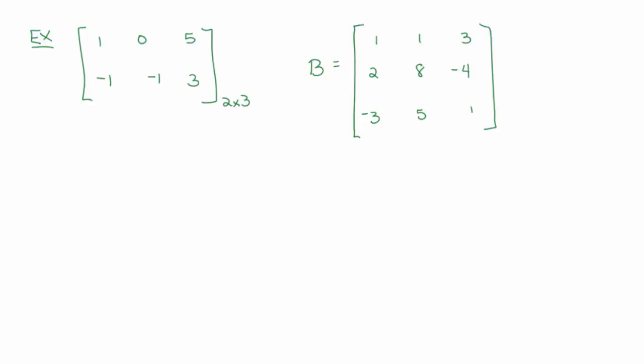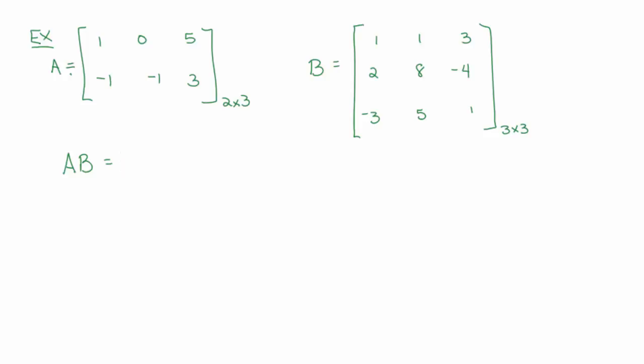Which is a 3 by 3. Now, by the way, this is A here. If I were to multiply these two, the only way it would happen is if I multiplied A times B. Because B times A, the inner dimensions don't work out. But A times B sure does.